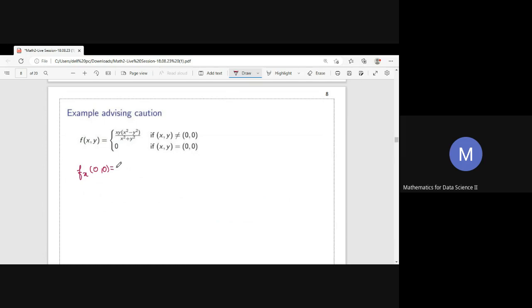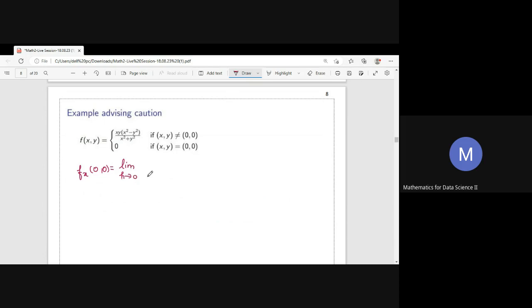Remember, whenever we have a piecewise function like this, I have told you it is recommended that you use the limit technique to find the partial derivatives, right? So let us use the limit technique to find the partial derivative.